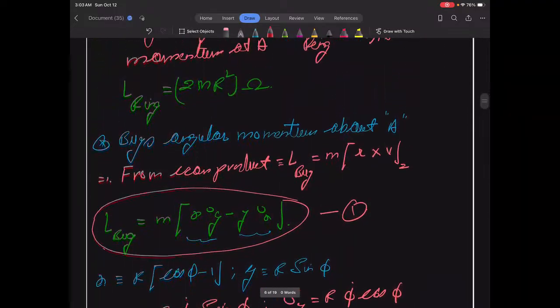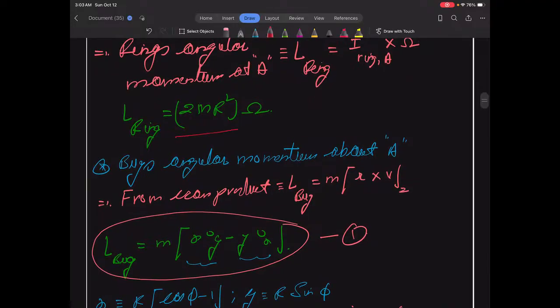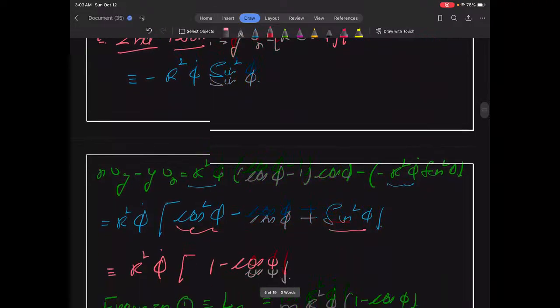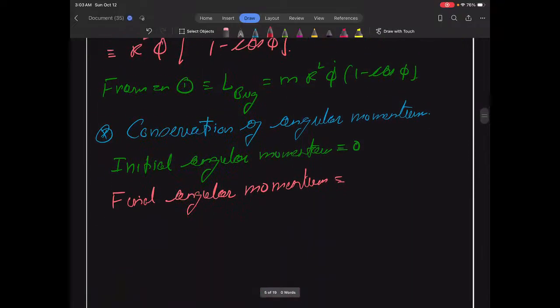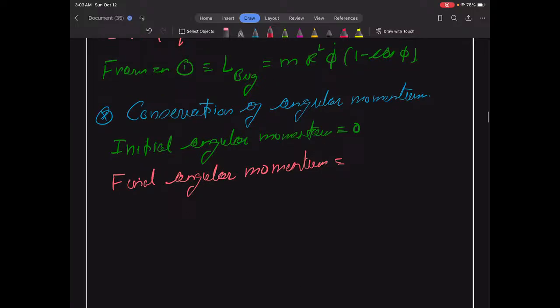The ring we got as 2mr square omega, and the bug we got as mr square phi dot times 1 minus cos of phi. Okay, so final angular momentum will be equal to angular momentum of our bug plus angular momentum of our ring about pivot point A.